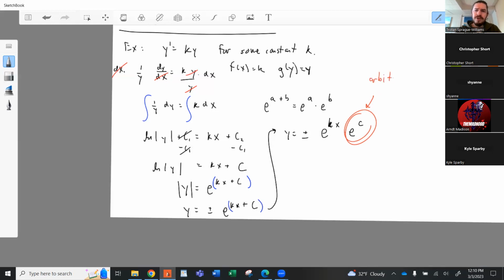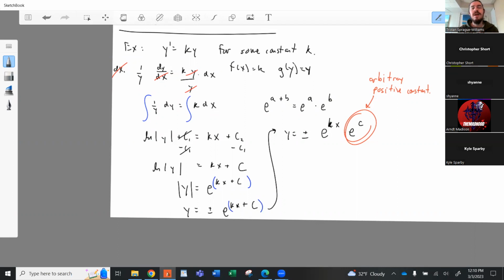this is still an arbitrary constant. It's actually an arbitrary positive constant because it's a power of e. But it could be e to the power of any number, positive or negative. The entire range of outputs of the e to the x function is all positive numbers.